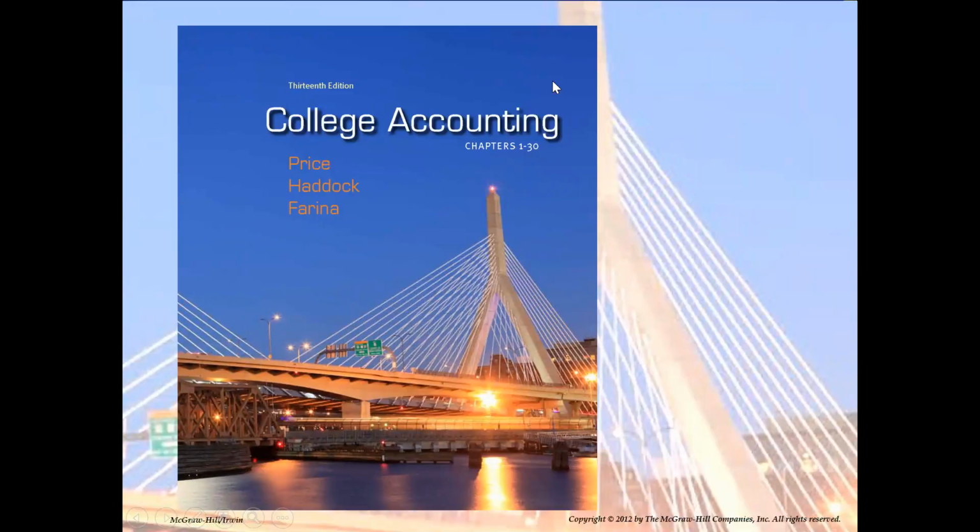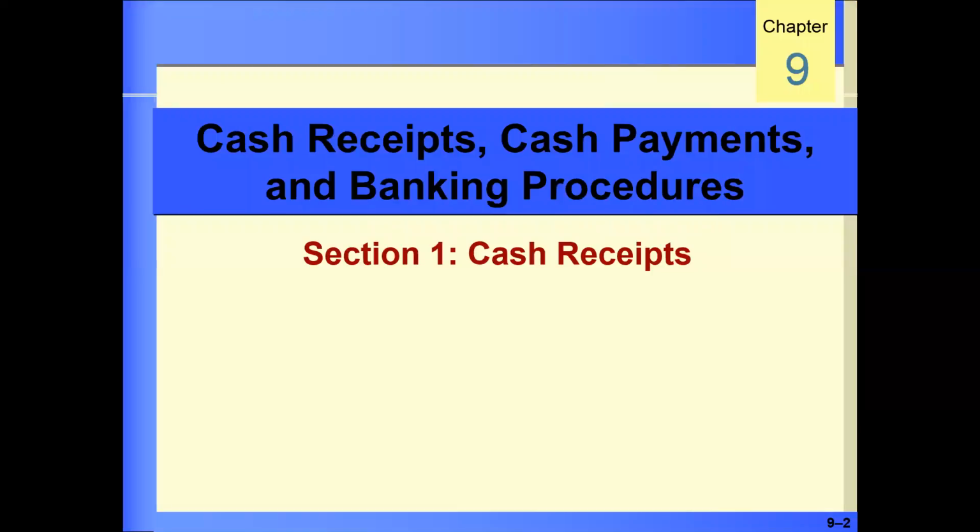So this is a picture of our textbook. Today, like I just mentioned, it's on accounts receivable, cash receipts, cash payments, and banking procedures. Most of our discussions in weeks 1, 2, and 3 have had one basic common core to it, and that is controls.